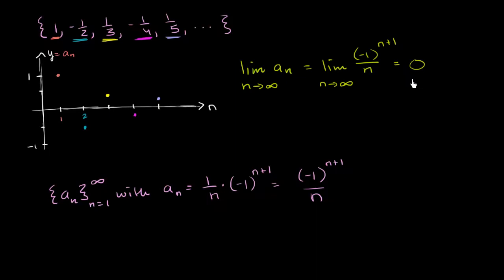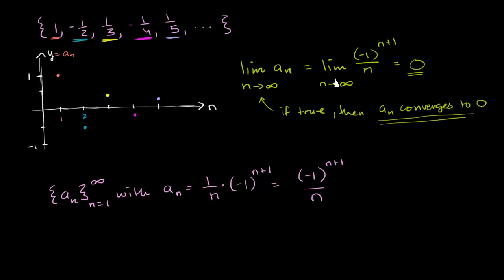But if this is true, so let me write this down. If the limit of a sub n as n approaches infinity is 0, then we can say that a sub n converges to 0.